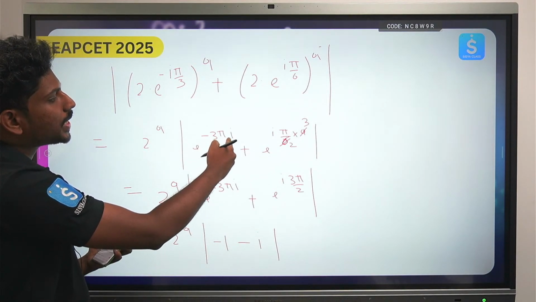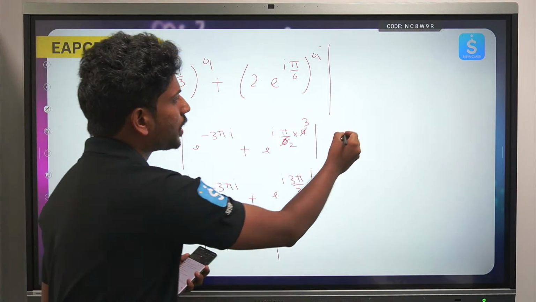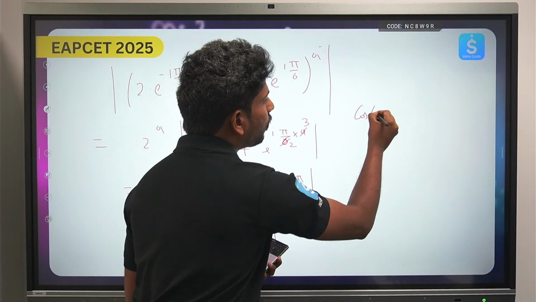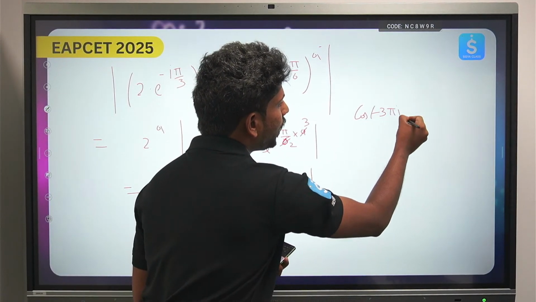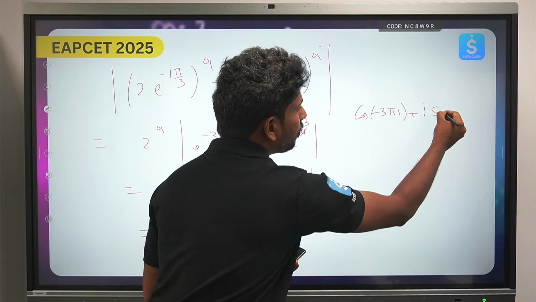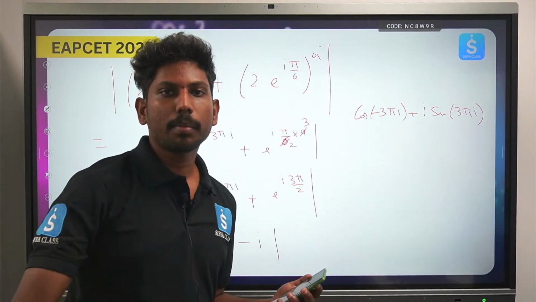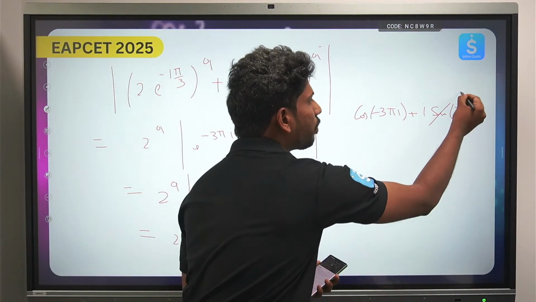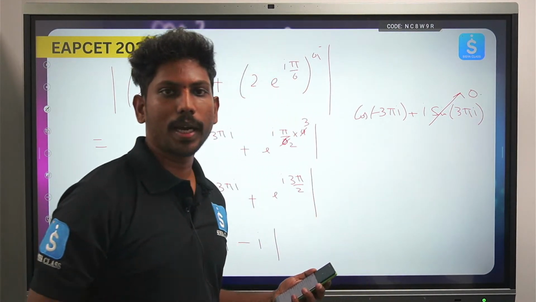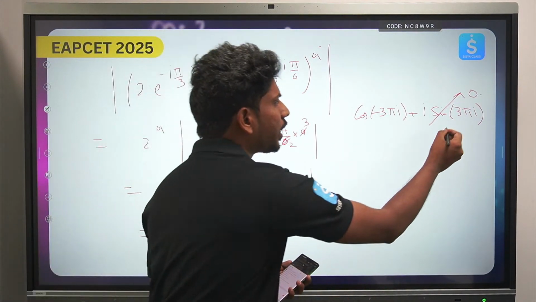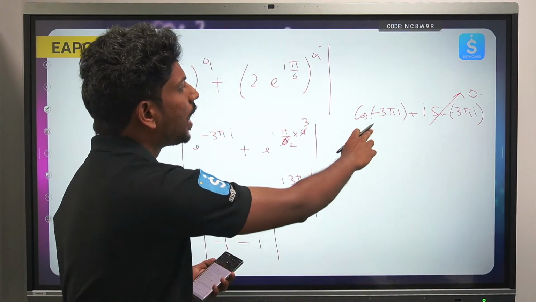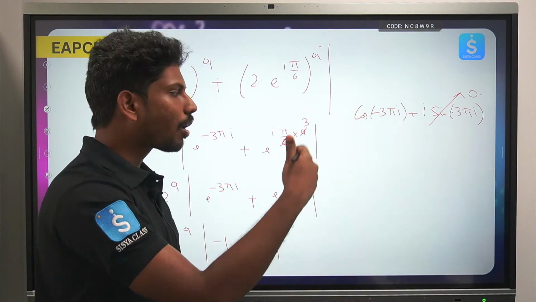e power minus 3 pi i is nothing but, I'm just writing for you once, cos minus 3 pi plus i sin minus 3 pi. Always remember, sin of all the n multiples of pi is always 0. Whether it is 1 pi, 2 pi, minus 3 pi, minus 4 pi, this value will always be 0. And cos of minus theta is cos theta, cos 3 pi.